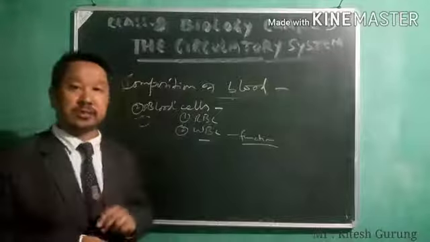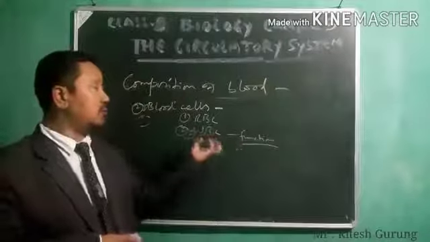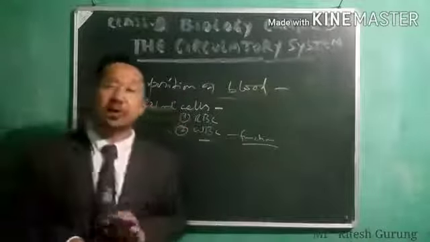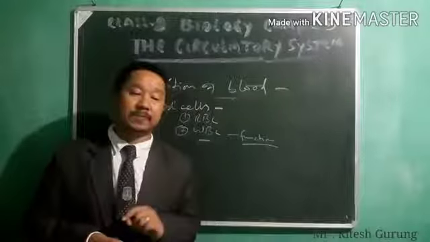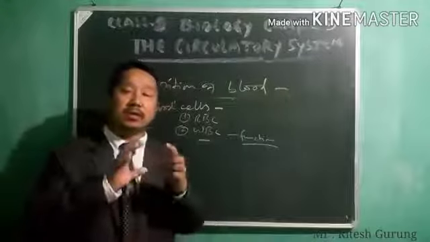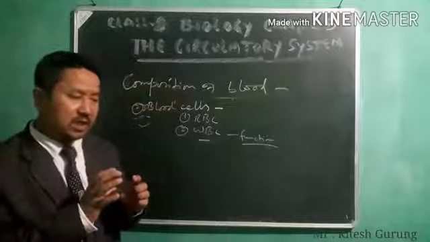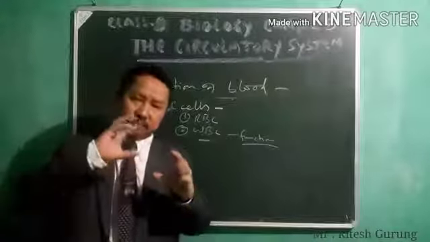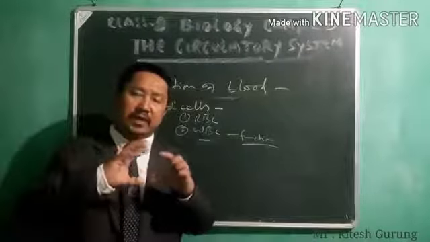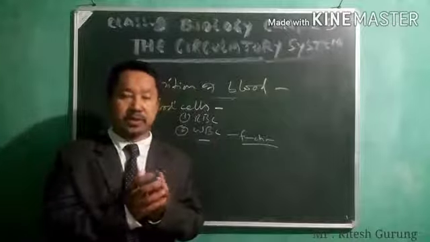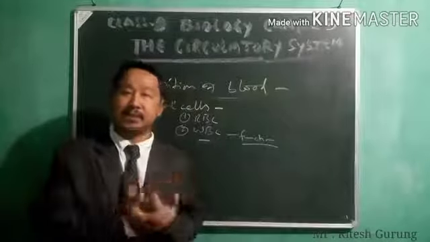So how does WBC improve your immunity? There are two ways how WBC protects you from different kinds of diseases. Number one, it engulfs the germs and digests the germs.